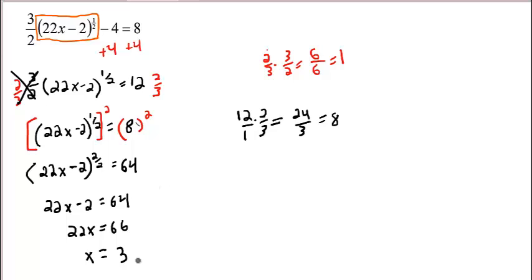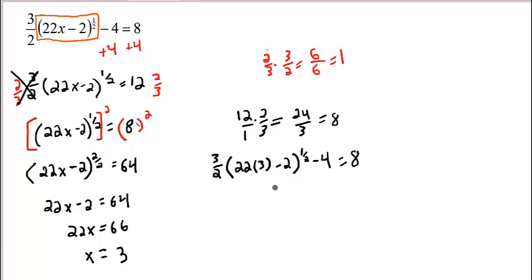Now that is our answer, x equals 3, but we have to check to see if it's extraneous or not. So to do that, we plug it back into this original equation. So we have 3 over 2 times 22 times that x, which is 3. I'm going to plug that in like there. We have minus 2 raised to the 1/2 power minus 4 equals 8.